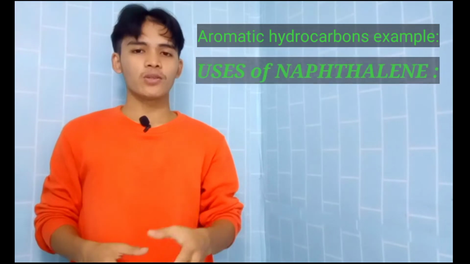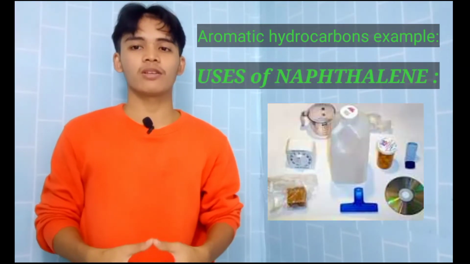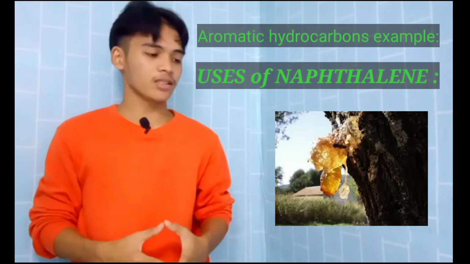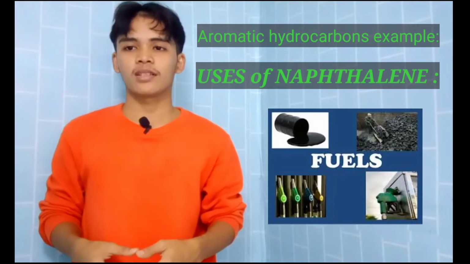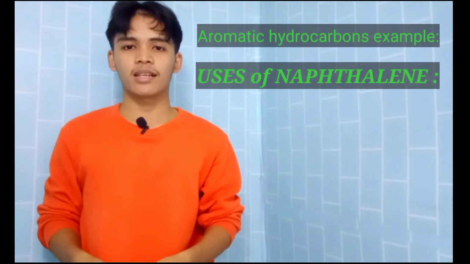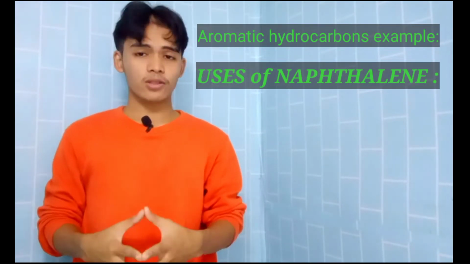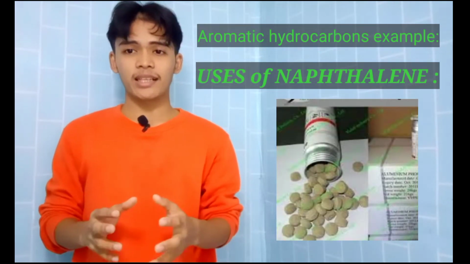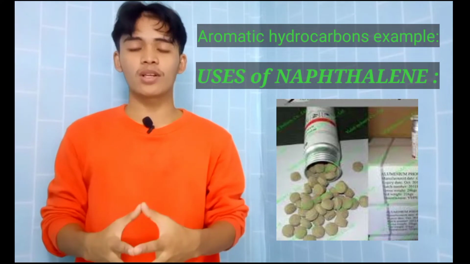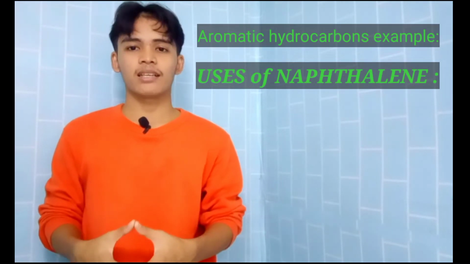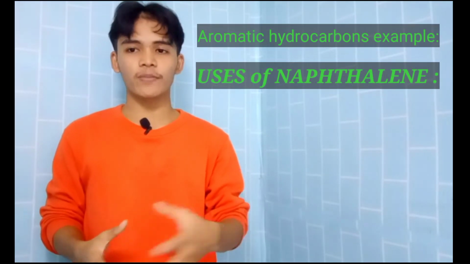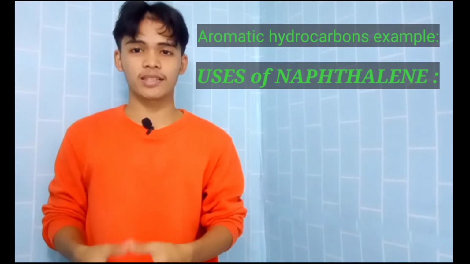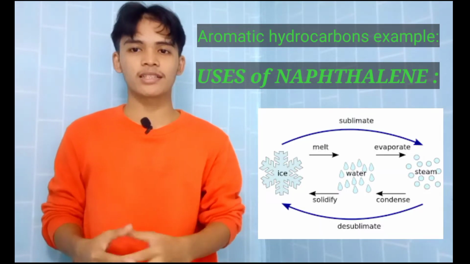It is used to manufacture plastics, resins, fuels, dyes, and so on. It is also used as a fumigant insecticide that works by turning directly from a solid into toxic vapor. This process is also called sublimation.